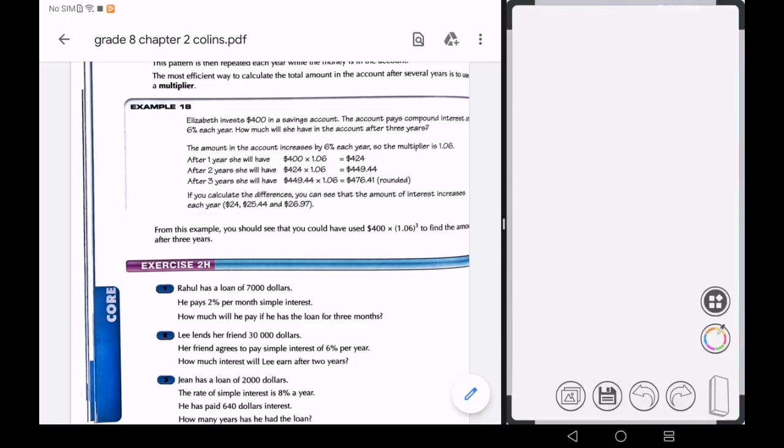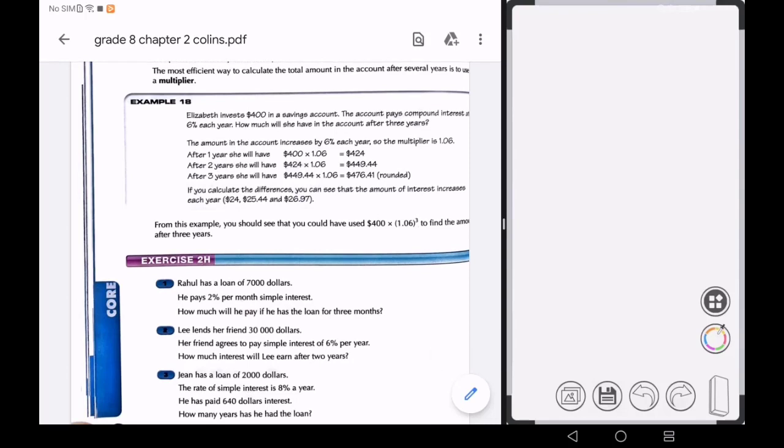So 2% of 7,000 will be 7,000 multiplied by 2/100, so it will be 2 divided by 100 multiplied by 7,000. $140 he will pay every month.